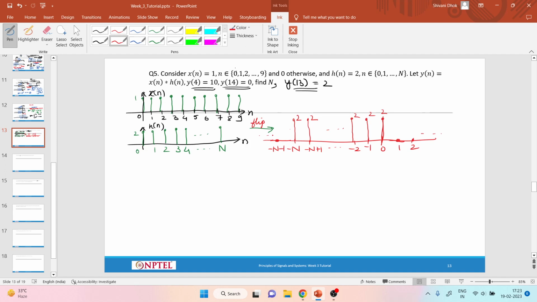Now what information do I have? That y of 14 is 0. Currently I am at n equal to 0, here this is my n equal to 0.